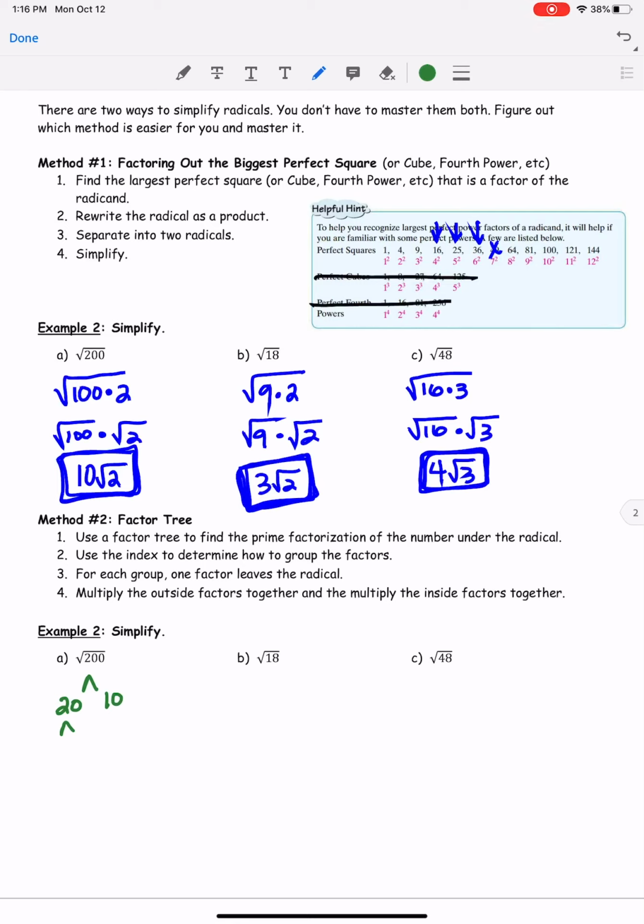Break it down till you can't break it down anymore. So 20 is 5 and 4. 5 is broken down, but 4 can be broken up to 2 and 2. And then 10 can be broken up to 5 and 2.